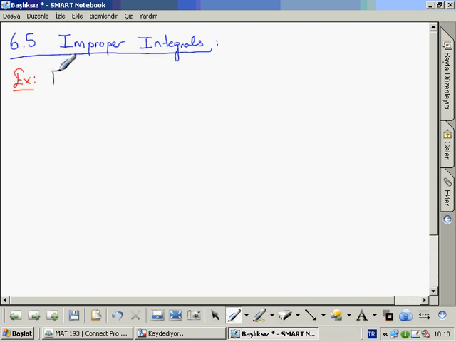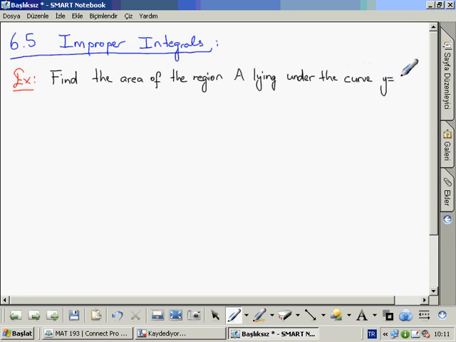It says: find the area of the region A lying under the curve y equals 1 over x squared and above the x-axis to the right of x equals 1.